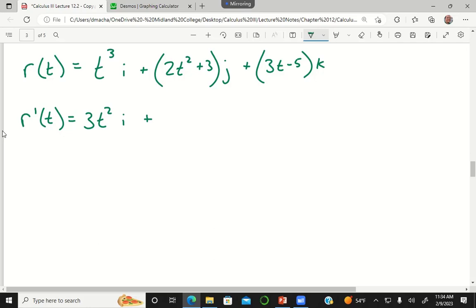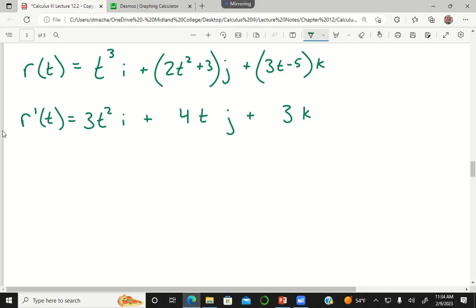What is the j component of r prime of t? You say 4t? Okay. And then what is the k component? Three.